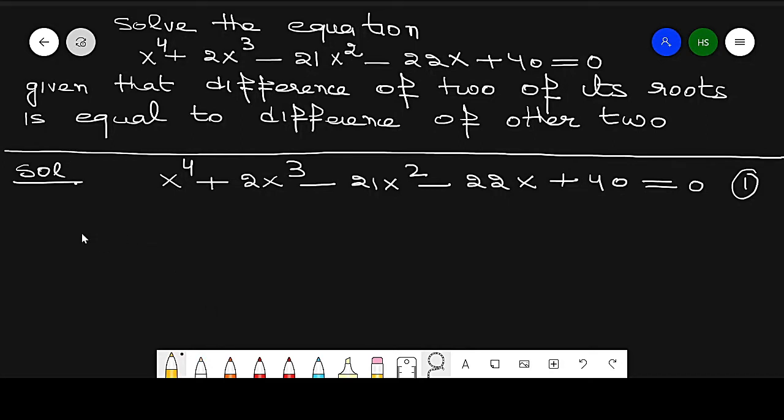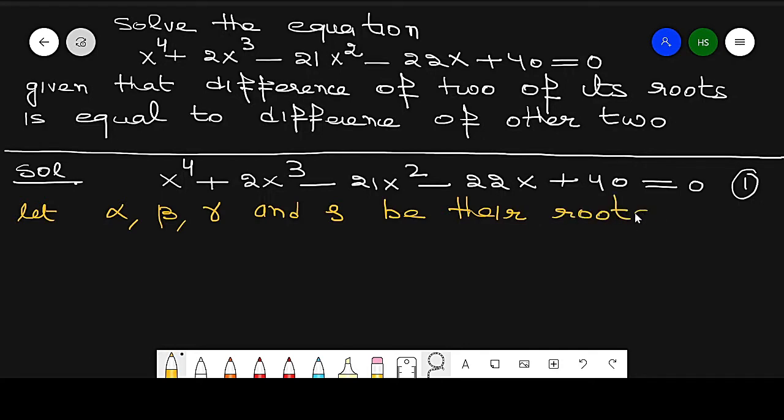Since it is a biquadratic, it has four roots. Let alpha, beta, gamma and delta be the roots.